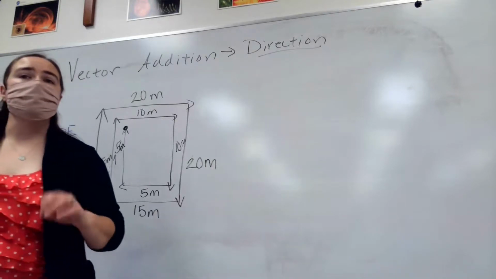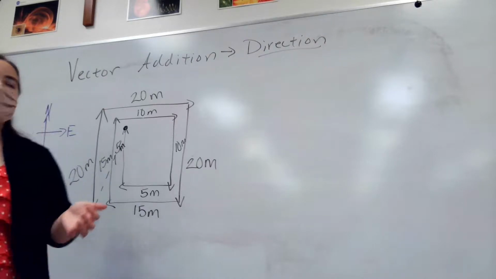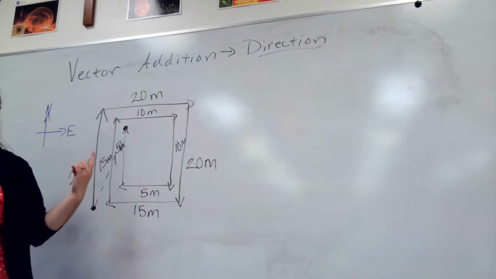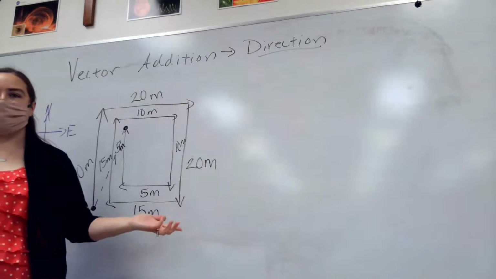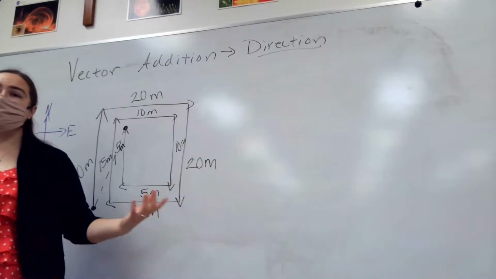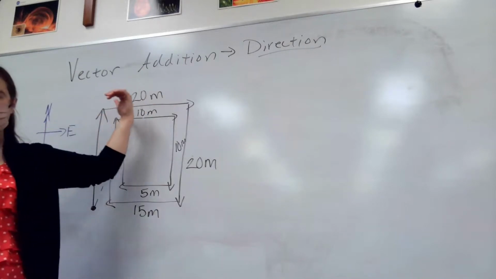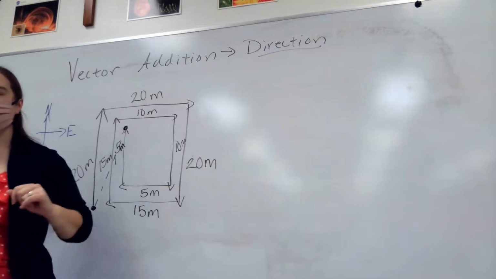That means we can pick the ones that are easiest to add together. Okay? Obviously, ones that are going upward are not going to be hard to add together. And then ones that are going downward, we'll just subtract from them, right? So those are going to be easy ones to add together. Same with the left and right. Okay? So north and south we can add easily, east and west we can add easily.